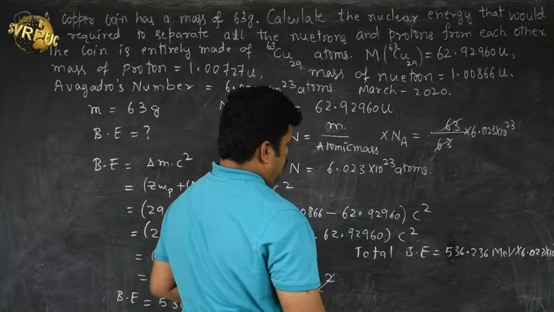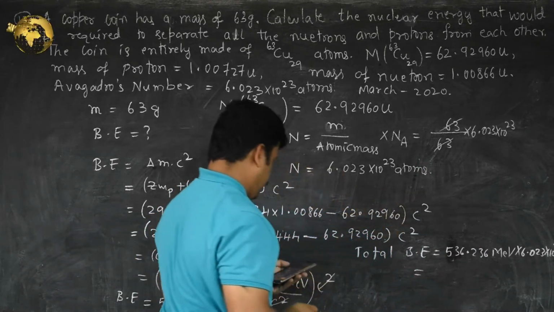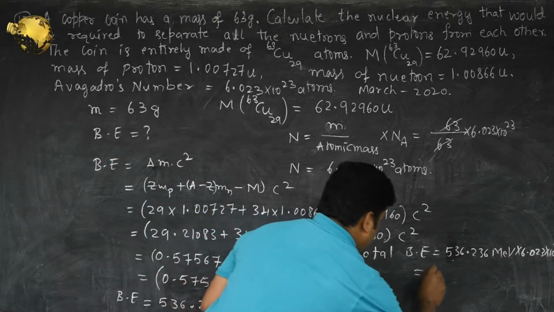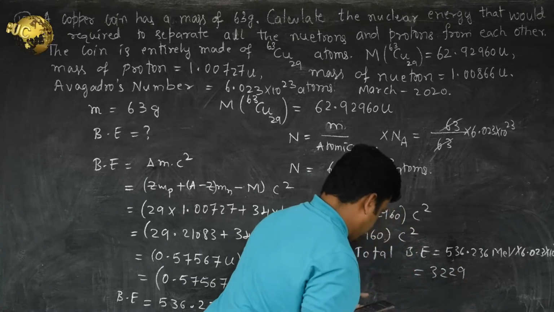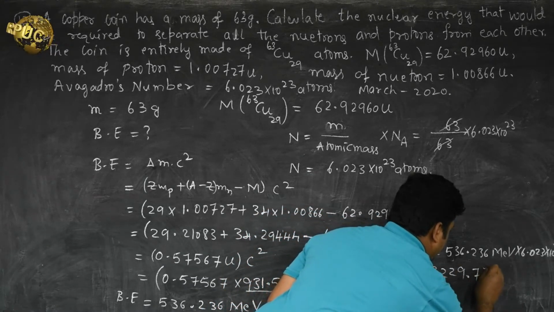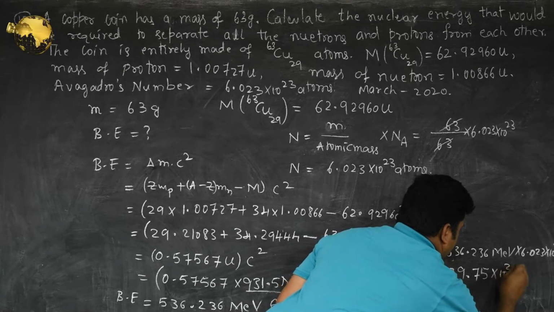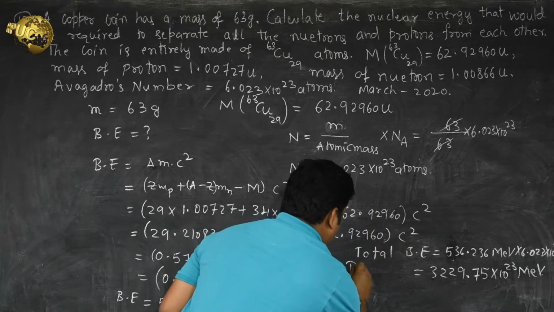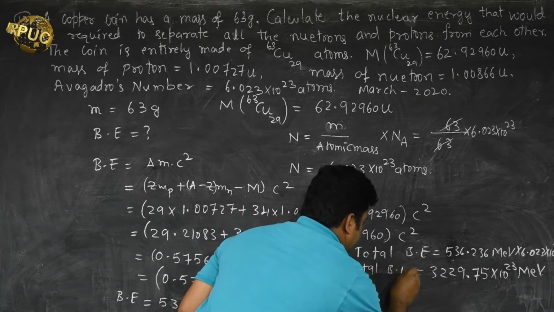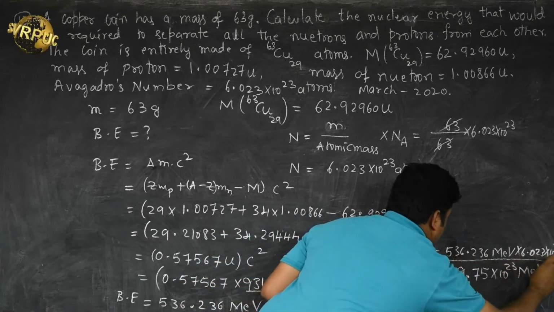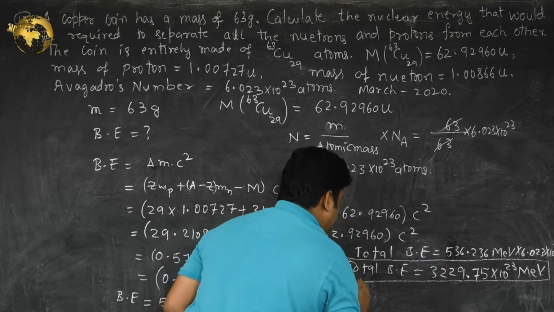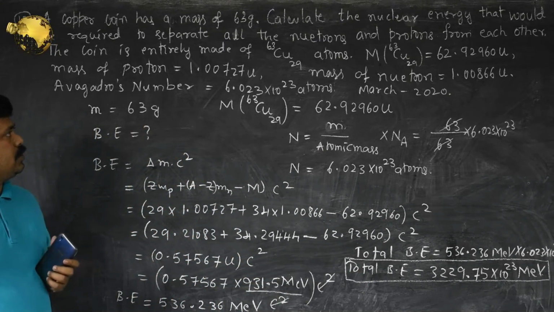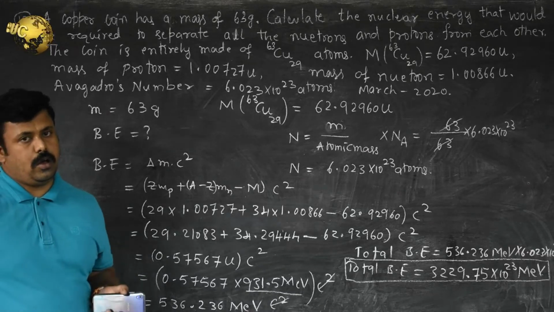So we get the final value 3229.75 into 10 to the power 23 mega electron volt. So this is the total binding energy required to separate all the protons and neutrons in the given mass of copper.